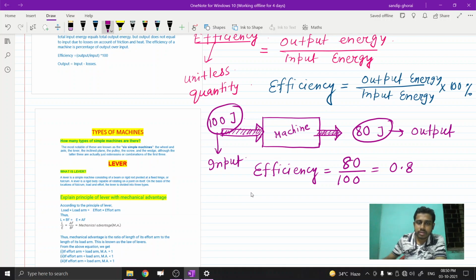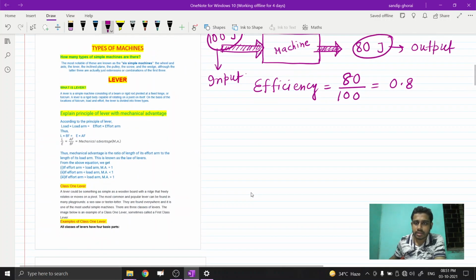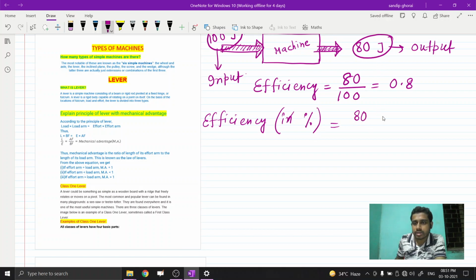If we want this result in percentage, then efficiency in percentage is output energy, 80 joule, divided by input energy, 100 joule, into 100 percentage.